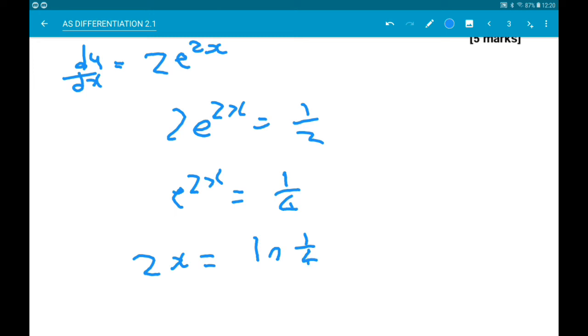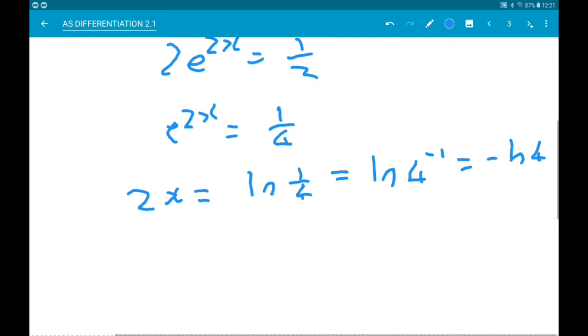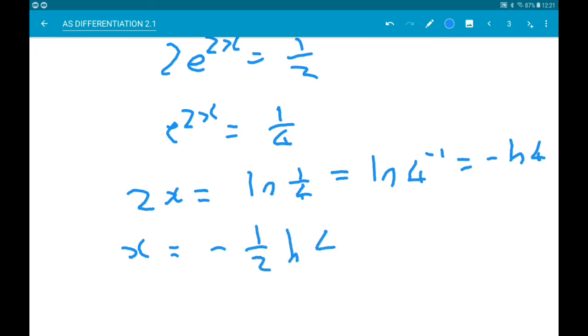Now, we can think of ln 1/4 as ln of 4 to the minus 1. By the rules of logs, the power comes down the front, so we have minus ln 4. Now we're going to divide through by 2, so we get x is minus 1/2 ln 4.